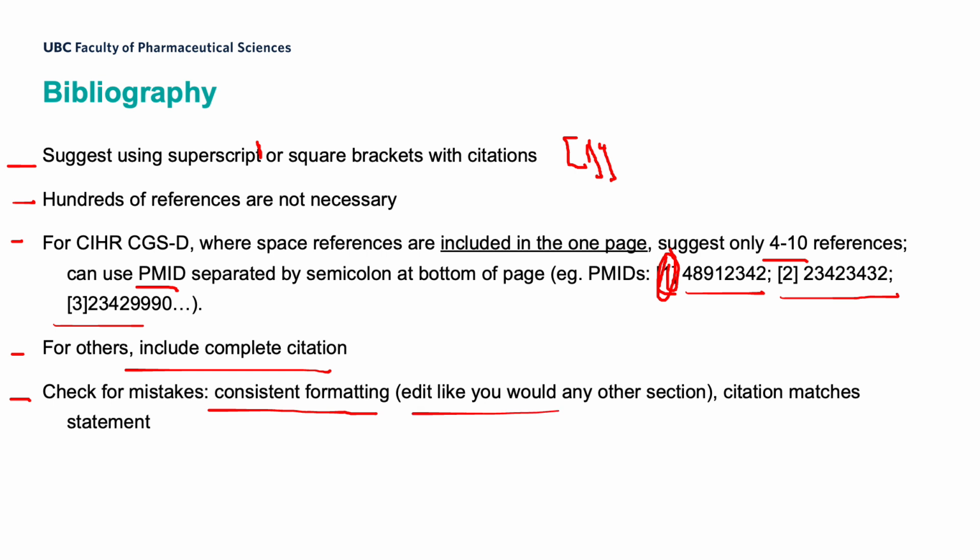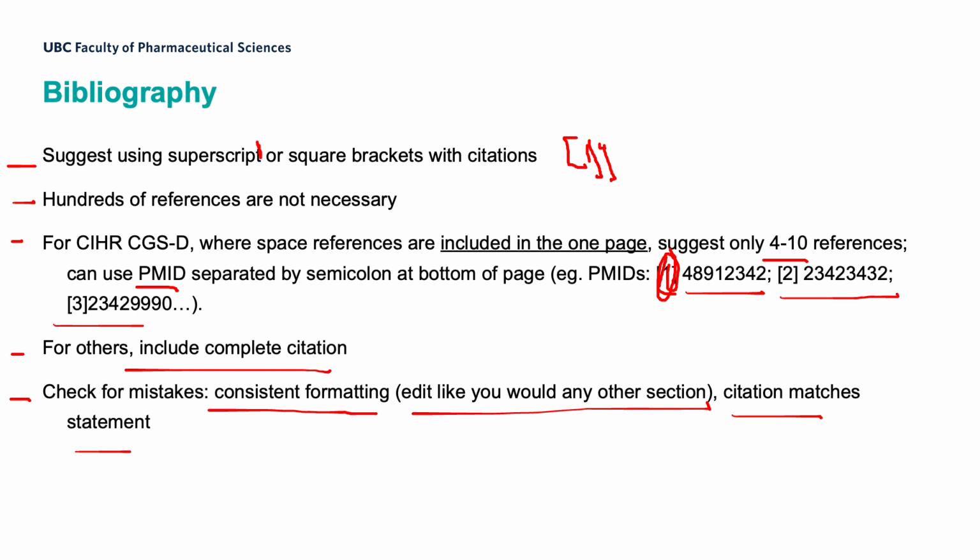So I really recommend, since you won't have a ton of references, just edit the bibliography like you would any other section, with a bit of scrutiny, to make sure they're consistently formatted, even if you're using an automated tool, which is supposed to remove some of these errors. And also make sure that the citation matches the statement.